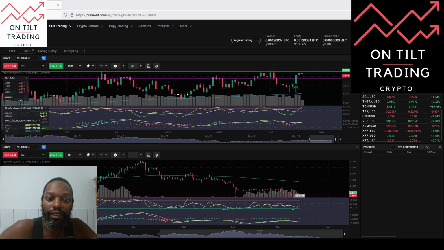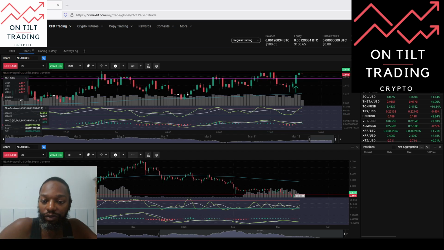I like to see price action on the same side of the 200 EMA for any trade that I take, just like the Ripple example that I just showed first that failed. The first thing I'm going to do is try to trade anything that is on the same side of the 200 EMA on the 15 and on the daily.